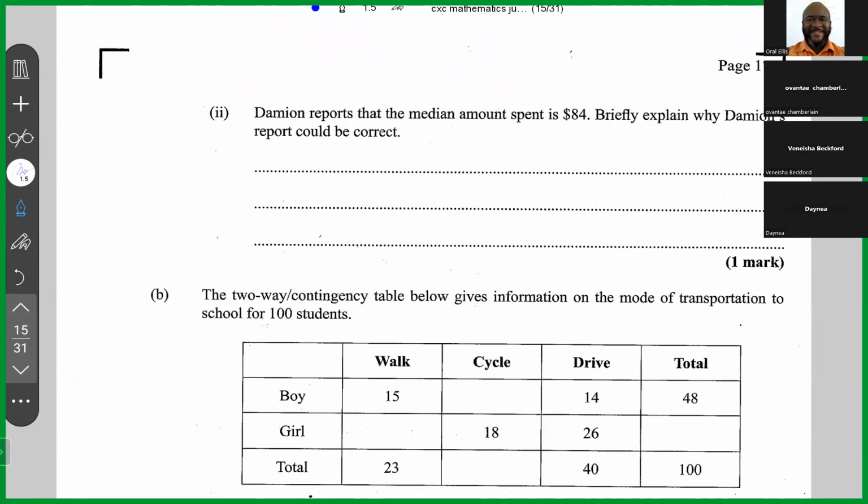All right, next we're told that Damian reports that the median amount spent is $84. Briefly explain why Damian's report could be correct.